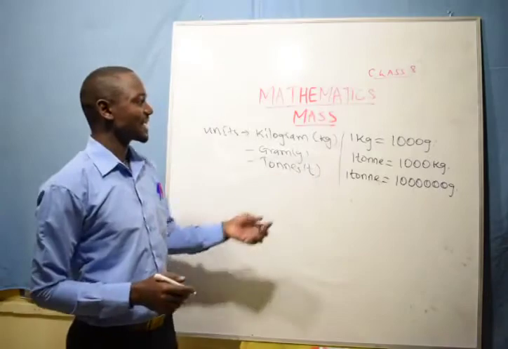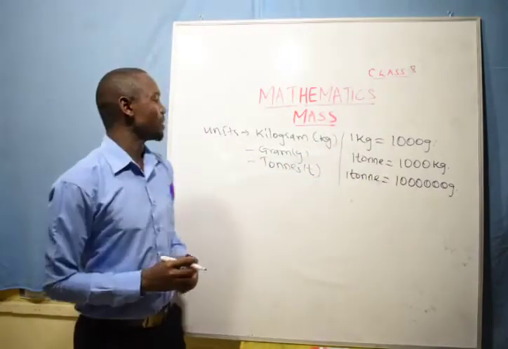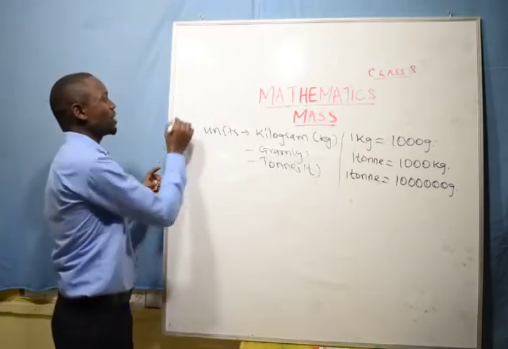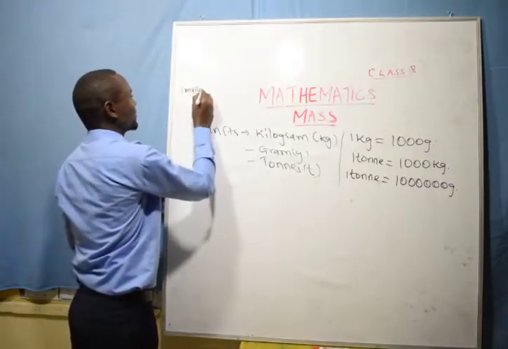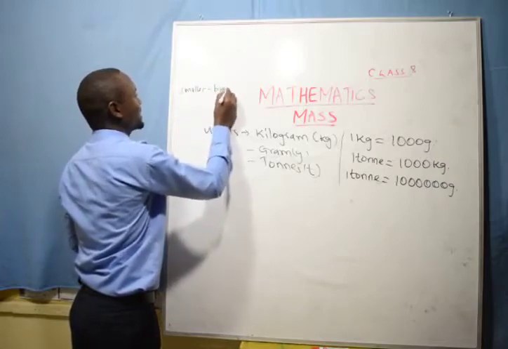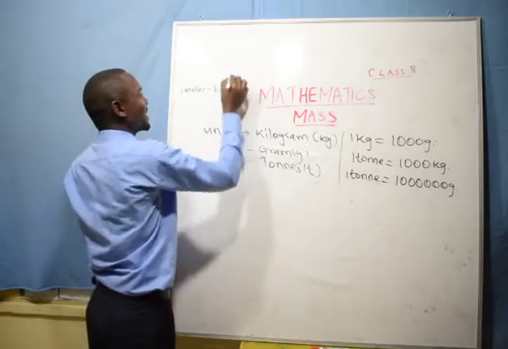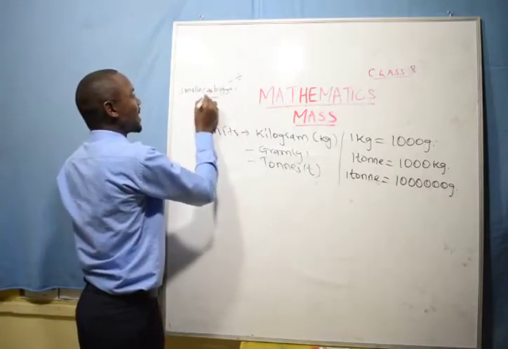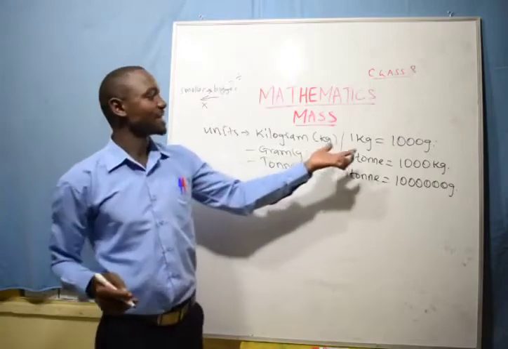To convert kilograms to grams, remember in the units of length, we say when converting a smaller unit to a larger unit, we divide, and a bigger unit to a smaller unit, we multiply. The same applies here.